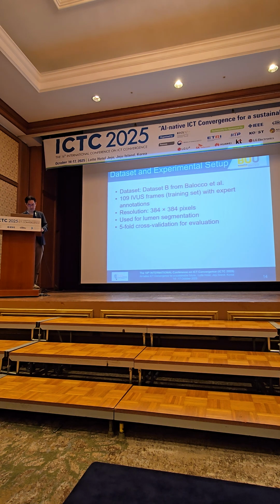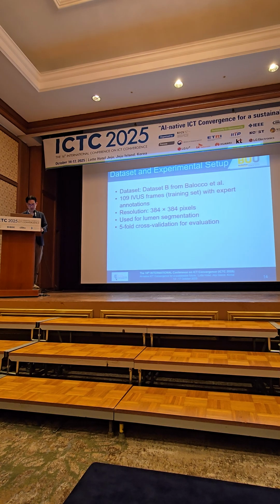For our experiments, we use a dataset from Morocco and his colleagues. It is a public dataset. It contains 109 IVUS images, and the resolution is about 384 square pixels.